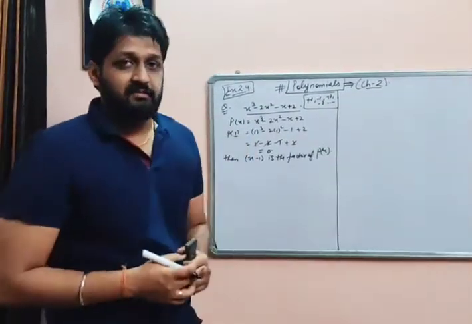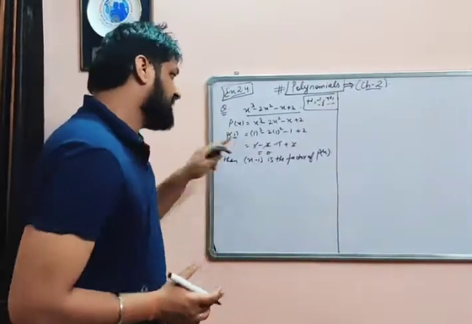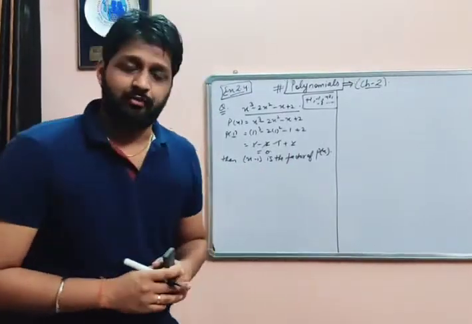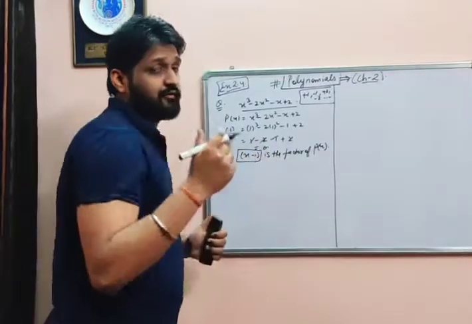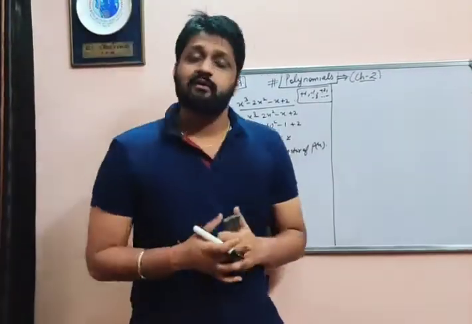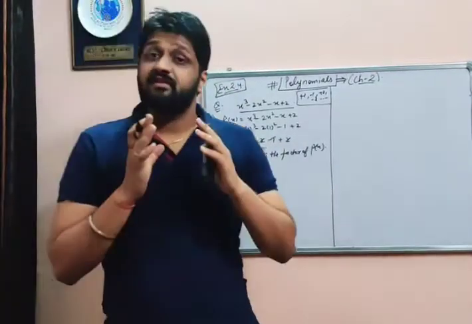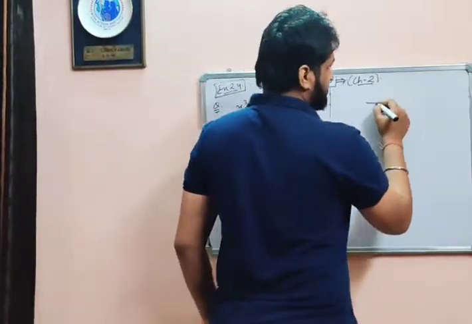Because at the value 1, we get the remainder 0 by the remainder theorem. If 1 is the zero of the given equation, then x minus 1 is a factor of the given polynomial, that is p of x. So one factor is with us. We have to find 2 more factors. How will we find them? The next step is to find the 2 more factors by the division method. See how this method operates.